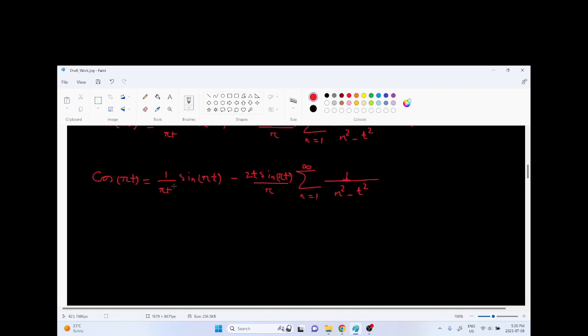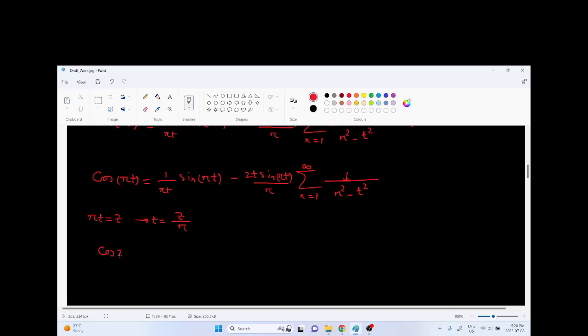Okay, cool. And now since we have pi t kind of all over the place, I'm gonna substitute that with variable z, and this also means that t should be replaced by z over pi.